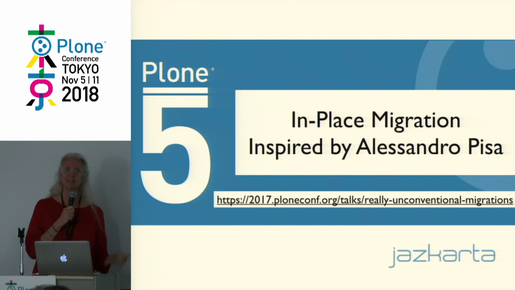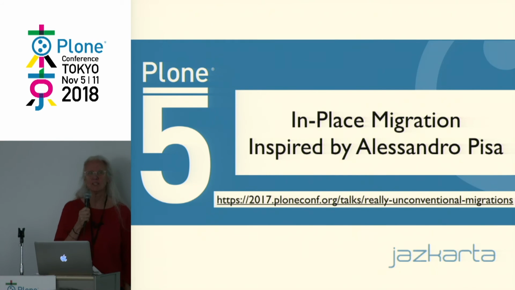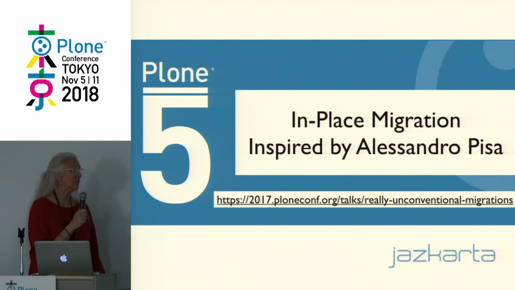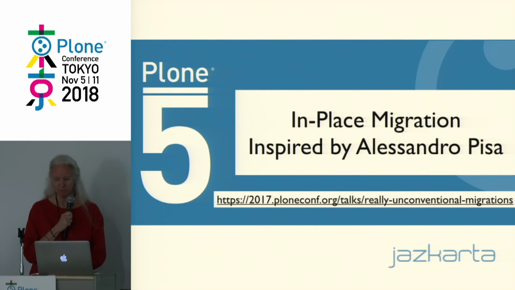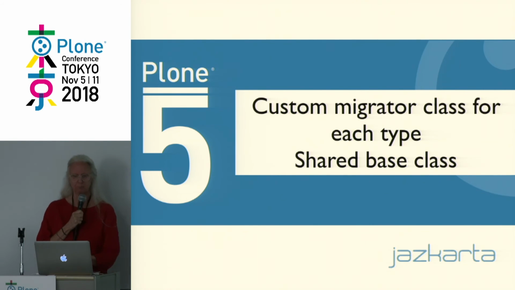So David Glick saw that talk, and David Glick said, what a good idea. So he invented his own implementation style of doing an in-place migration. Basically, he created a custom migrator type for each of the content types, which have a shared base class.